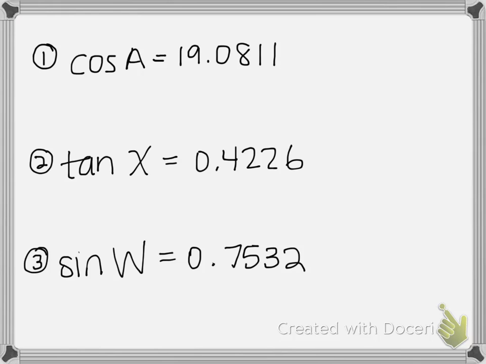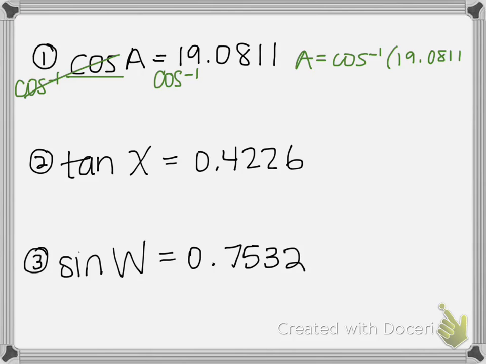Alright, since we're using cosine, we're going to use cosine inverse of both sides. So A is going to equal cosine inverse of 19.0811. And when we put that into our calculator, what do we find?